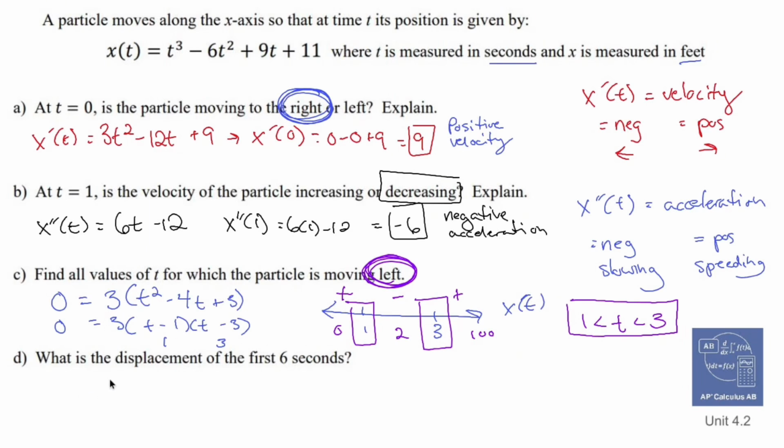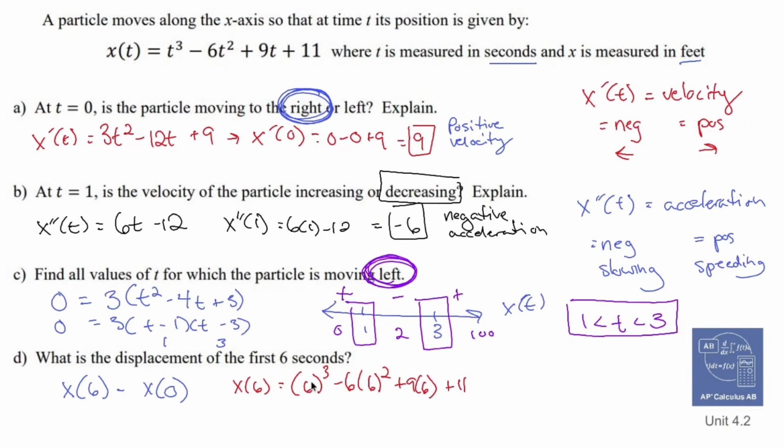How do I find displacement? Well, my original position function is x of t, so my displacement is found by taking where you are now, 6 seconds, and subtracting where you were at the beginning. So I need to find x of 6 and x of 0. x of 6 is 6 cubed minus 6 times 6 squared plus 9 times 6 plus 11.